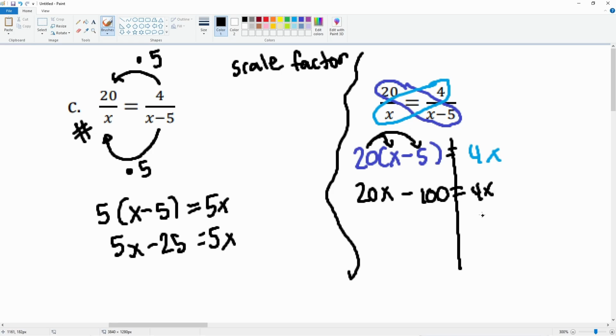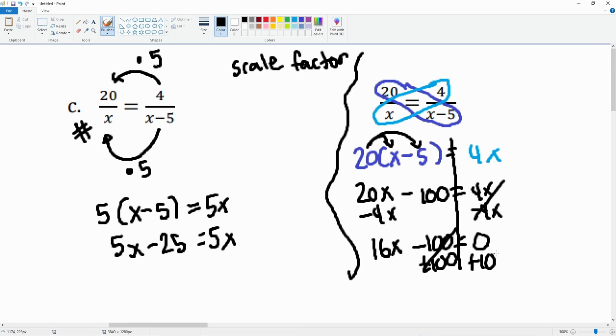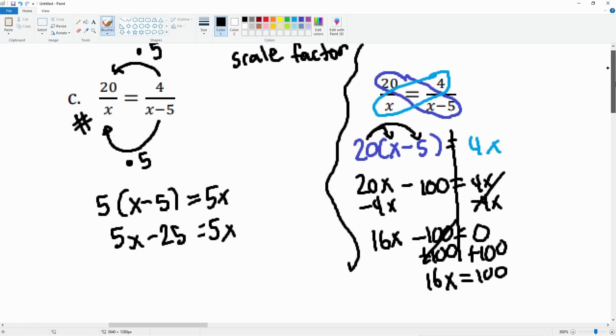Then I'm going to subtract 4x from both sides. This cancels, leaving me 16x minus 100 is equal to 0. Add 100 to both sides because that's how we get the negative 100 to cancel. We're left with 16x equal to 100, right?